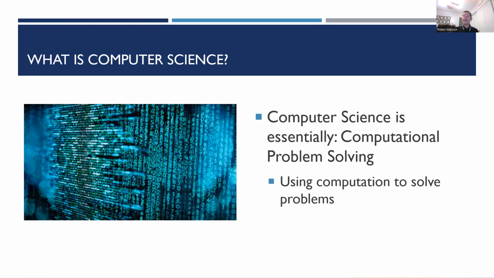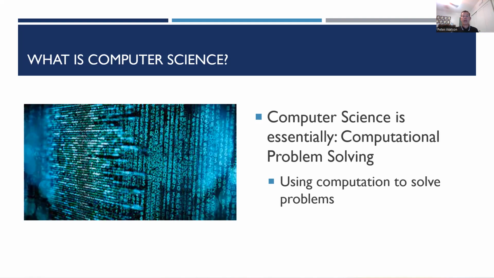So, having said that, what is computational problem solving? Well, computational problem solving is using a computer or computers to solve a particular problem. Computers are good at solving problems because they can repeat steps over and over again, and they don't make mistakes.